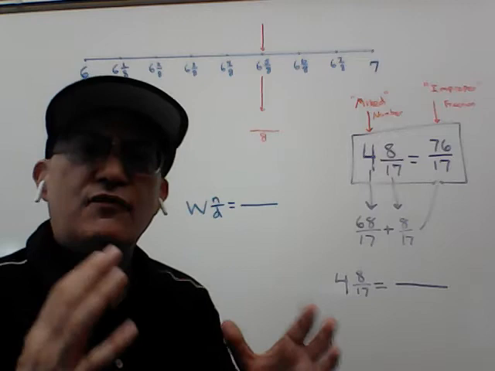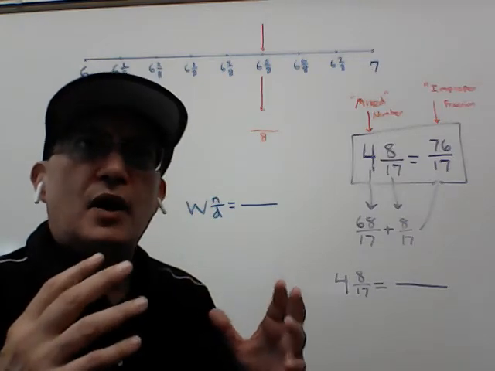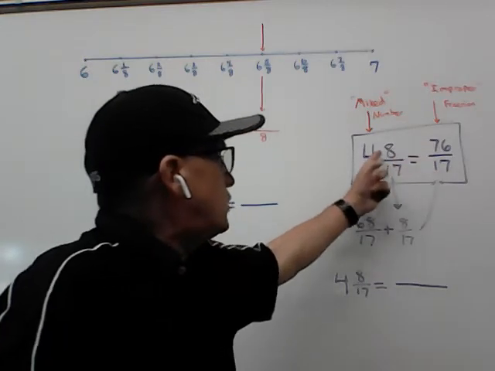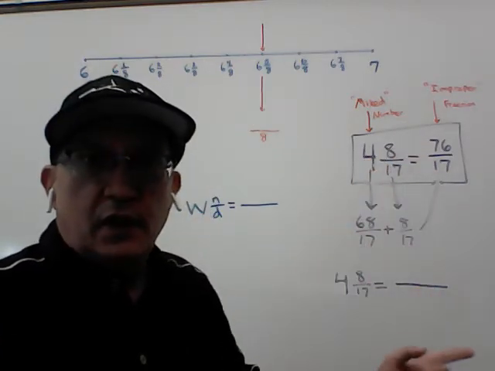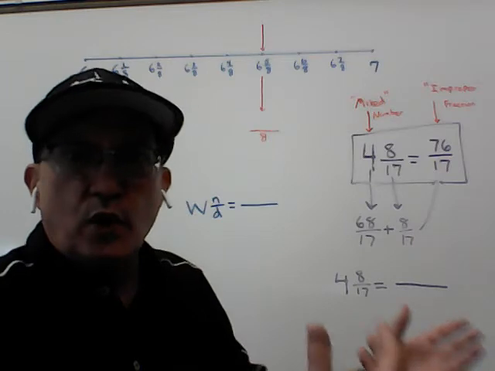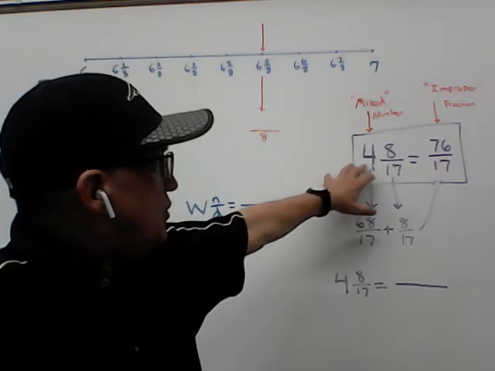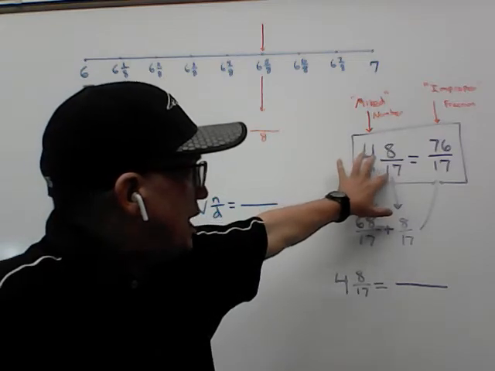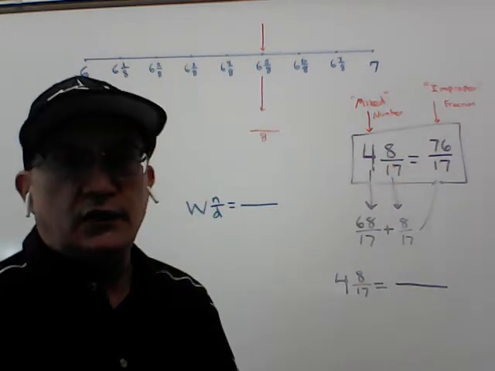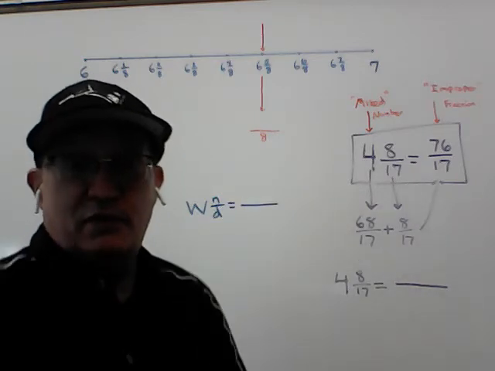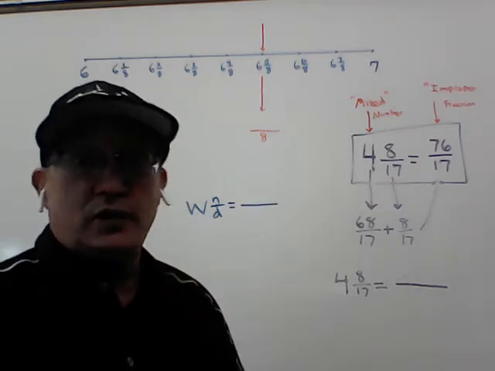And if you think about how we converted 76 seventeenths to the 4 and 8 seventeenths, just try to think that we're going backwards. So here's how to think about going from 4 and 8/17 to the 76/17. This whole number 4 is 68/17. We saw that before, right? 17 times 4 is 68.